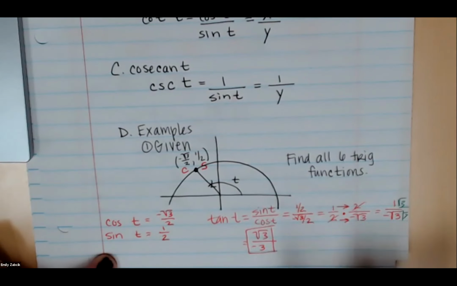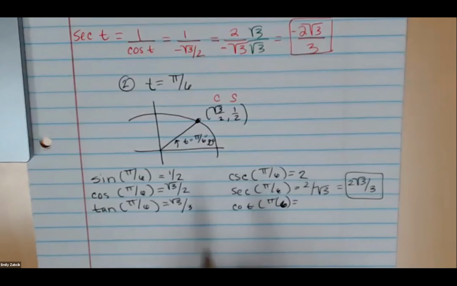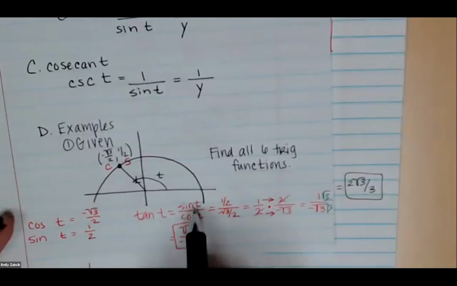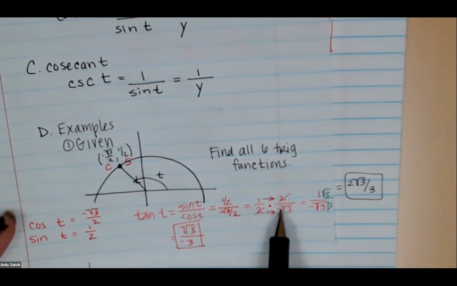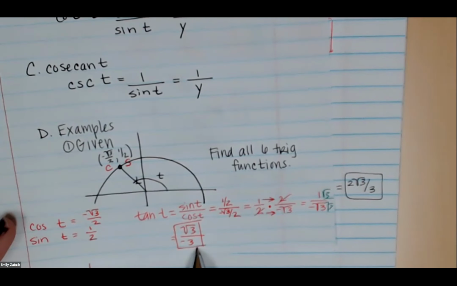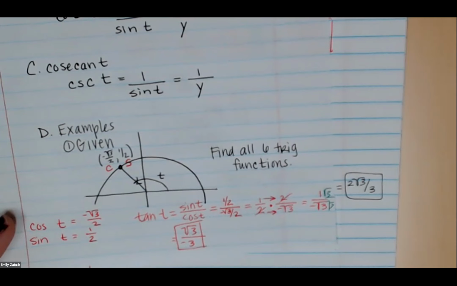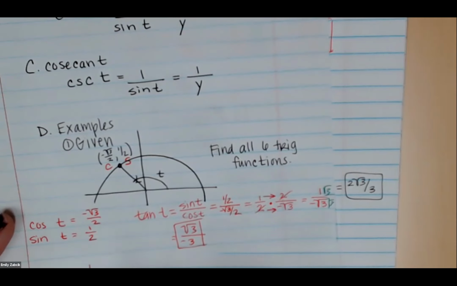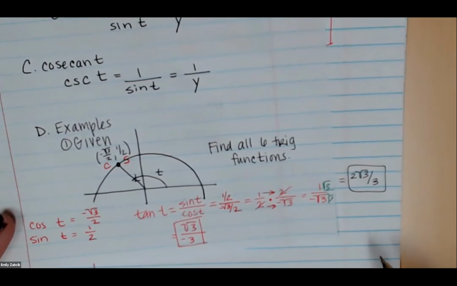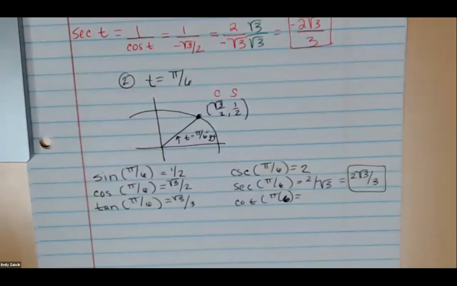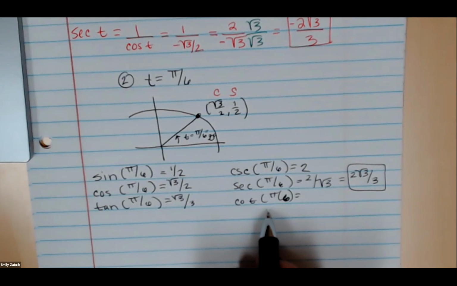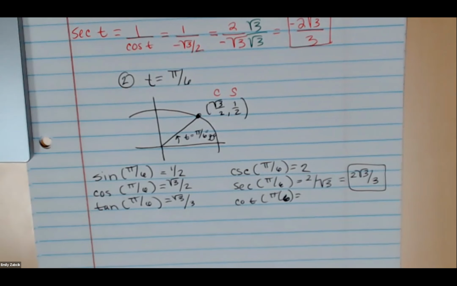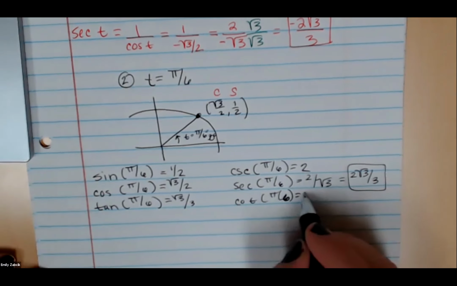So their trig functions are very similar. And so tangent is going to be the same work as we saw here. Sine over cosine, 1/2 over square root of 3 over 2, square root of 3 over 3. But we're in quadrant 1, so there's no need for the negative. That's why I'm kind of jumping into this answer, because we just worked this. Do you see that? And so then we can also get cotangent, and cotangent of this one ends up being square root of 3.